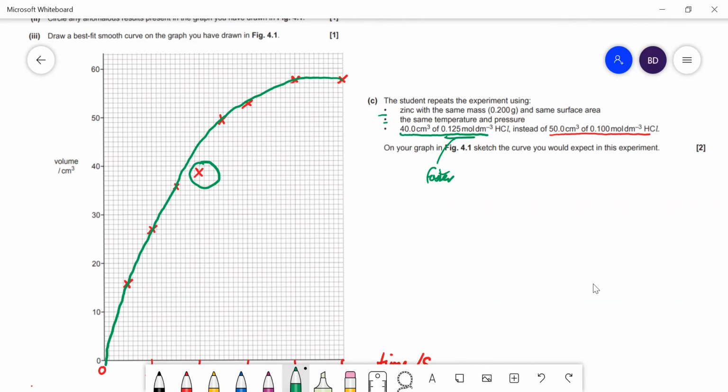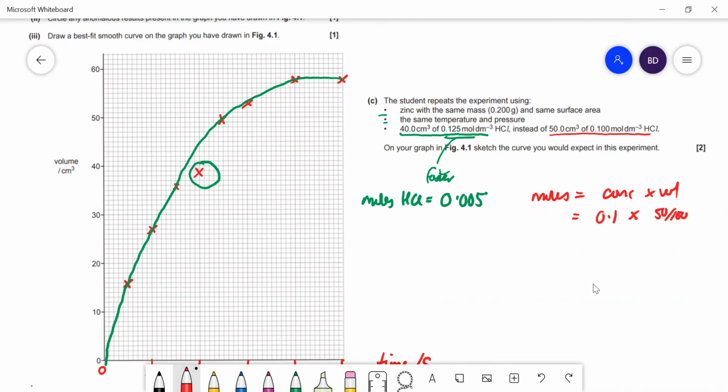We need to work out the moles of HCl. In the first one, the moles of HCl we just worked out was 0.005. In the second experiment, how many moles of HCl do we get? Moles is equal to conc times volume. We've got 0.1 multiplied by 50 over 1,000.